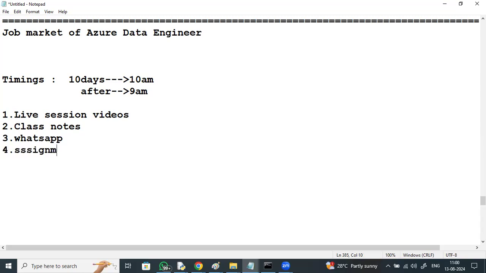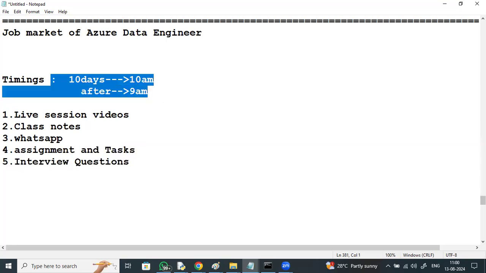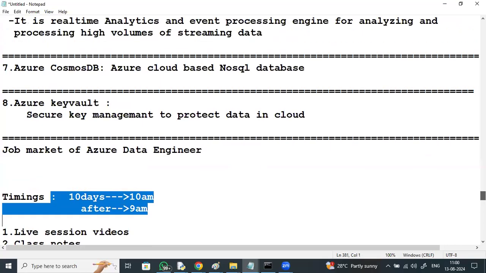Assignments and tasks to work on, and interview questions will be provided. So this is from my side: videos, class notes, WhatsApp group, assignments and tasks, and interview questions. These are the timings. Duration is 3 months.